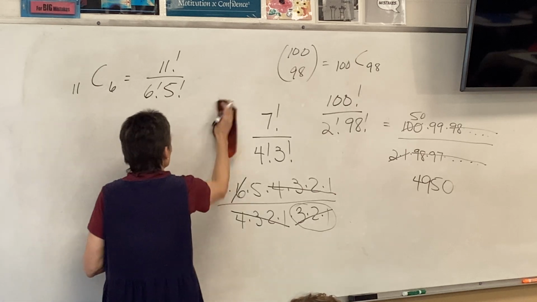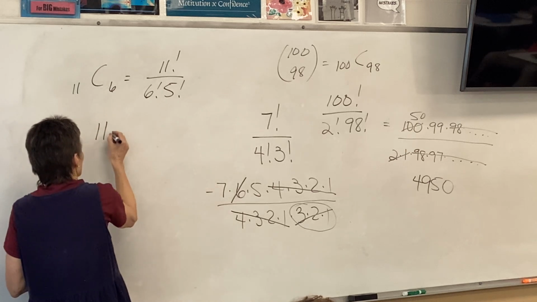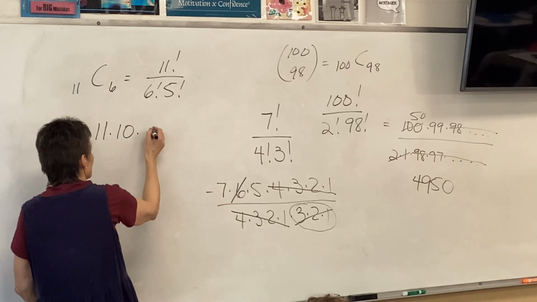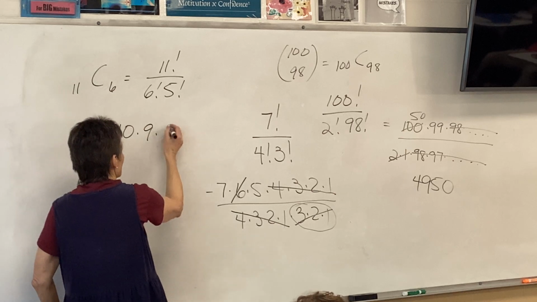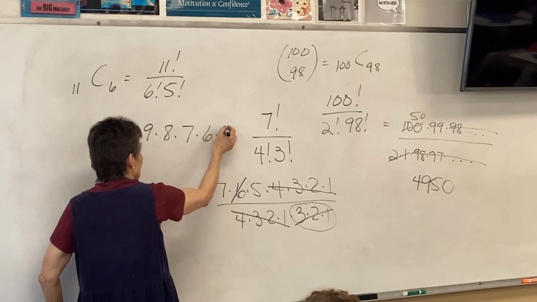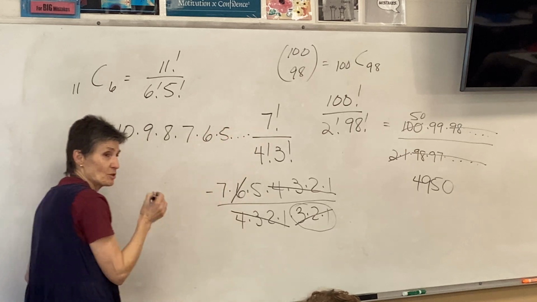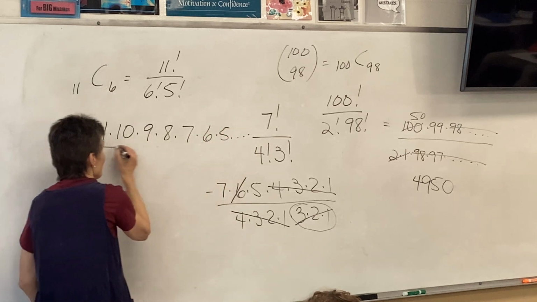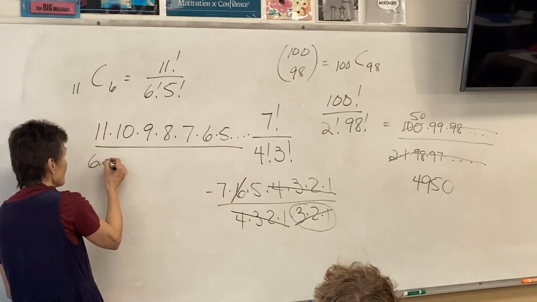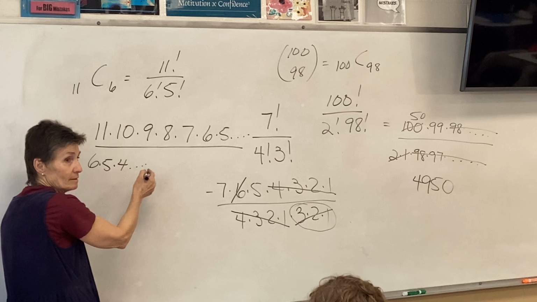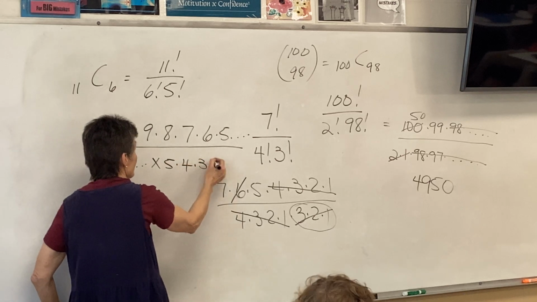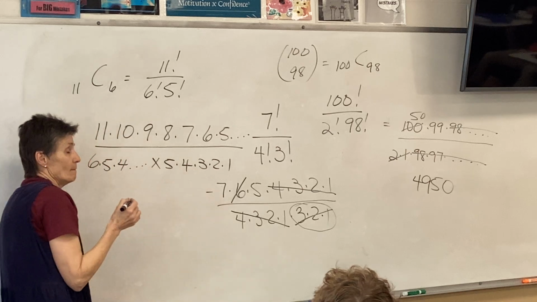And then 11 times 10 times 9 times 8 times 7 times 6 times 5, dot dot dot. I'm just going to dot dot dot that. Because this is going to be 6 times 5 times 4, dot dot dot, times 5 times 4 times 3 times 2 times 1.